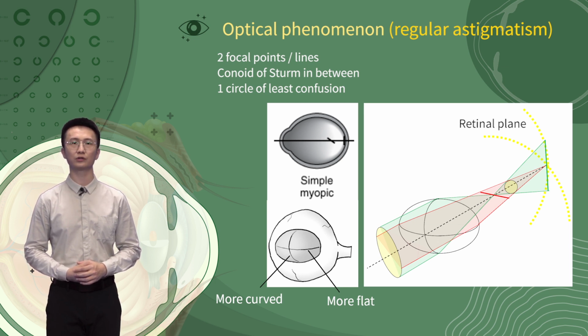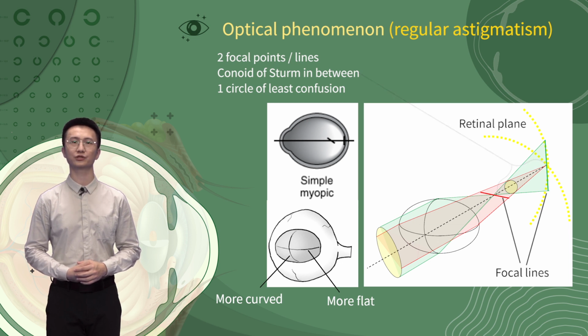A line spot converges firstly in the vertical orientation to form a horizontal focal line in front of the retina, and then diverges in the vertical orientation and converges in the horizontal orientation to form a vertical focal line right on the retina.